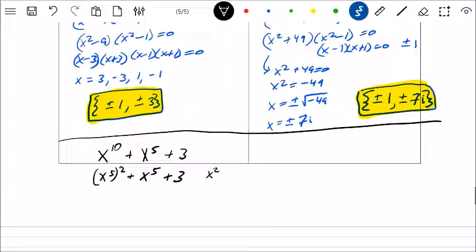And then I could make that x to the 5th equals x, and I have x squared plus x plus 3, and I could try to solve it. Would that give me one? I think I should do, no, that one won't. I'd have to use the quadratic formula. But this was just an example to show that you can rewrite it like so.